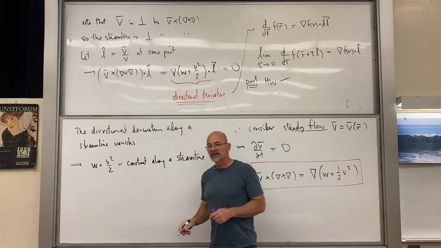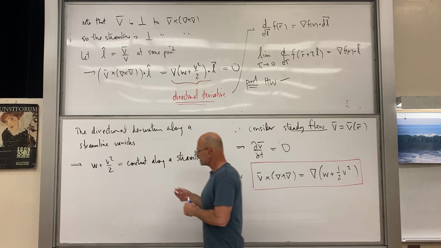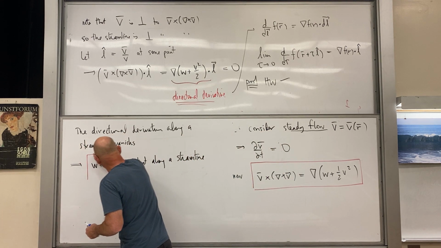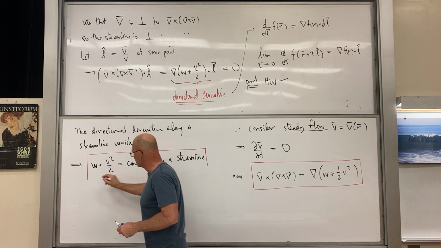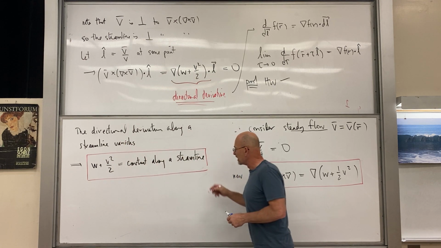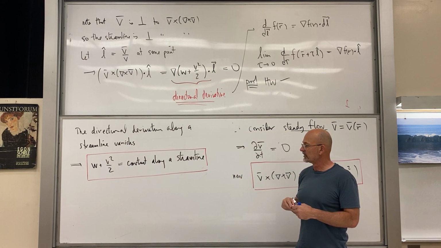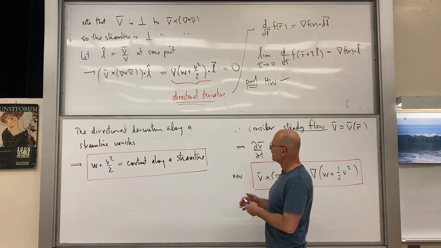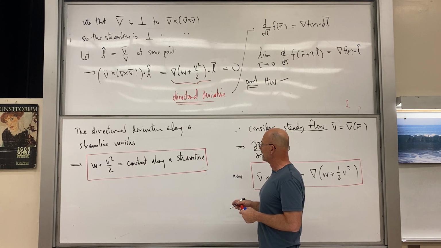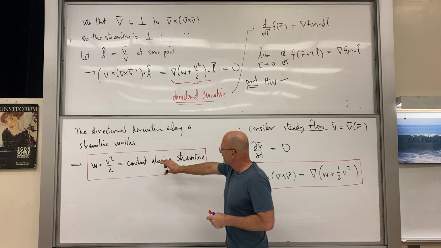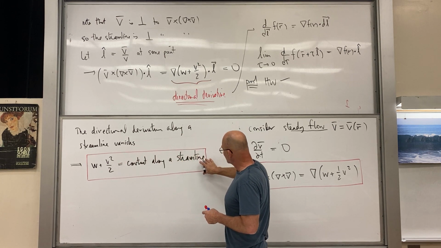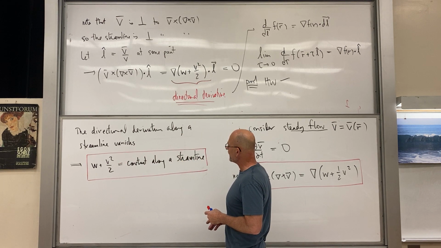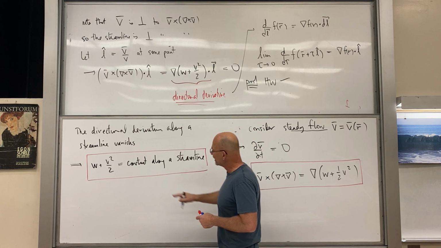And this is Bernoulli's equation right here. We'll obtain a somewhat stronger version of Bernoulli's equation that requires some more stipulations. But right now we have this expression constant along a streamline, and we're going to work with this.